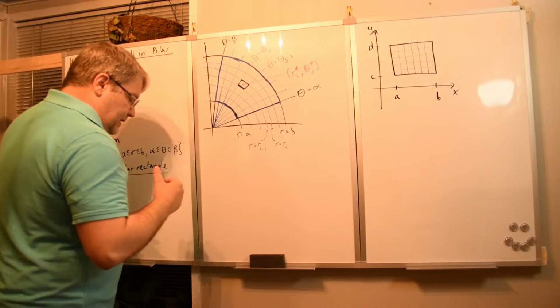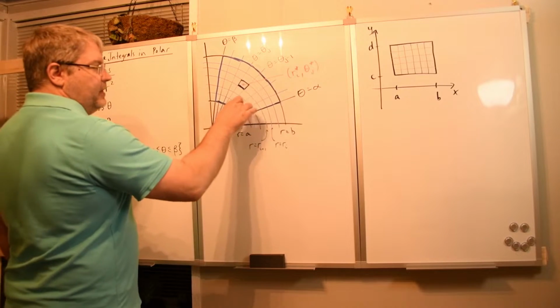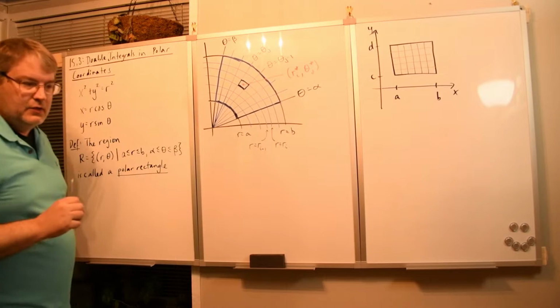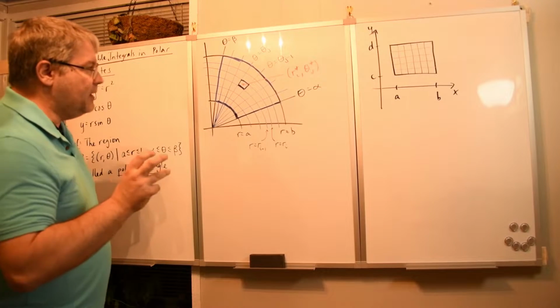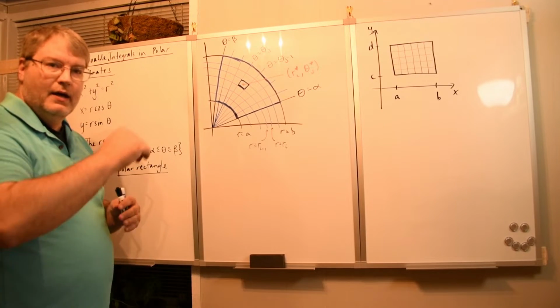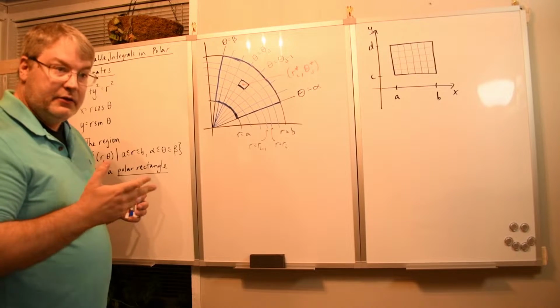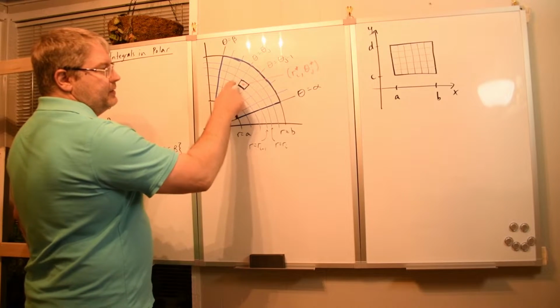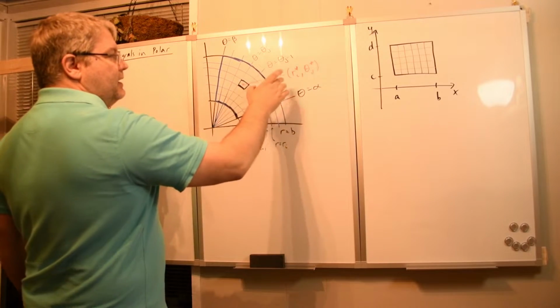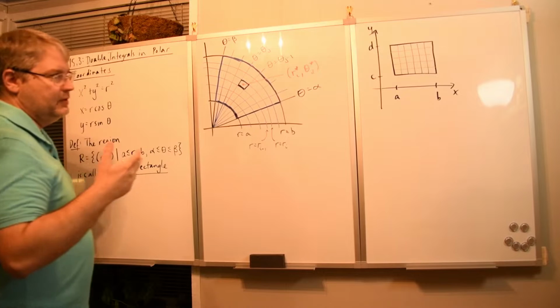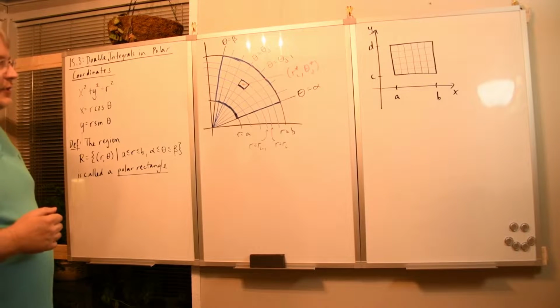But the idea here is that we take a representative point from every single one of these subregions, plug it into that z equals f of x y, and that would give us the height of some sort of solid region that has a base that looks like this. We would have a certain height, once again, given by plugging this point here into our function.